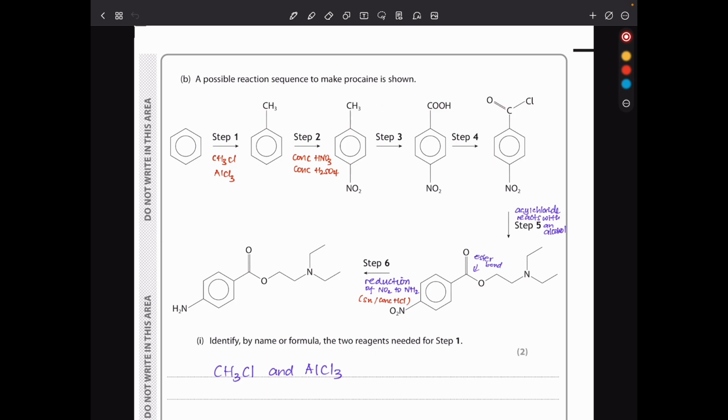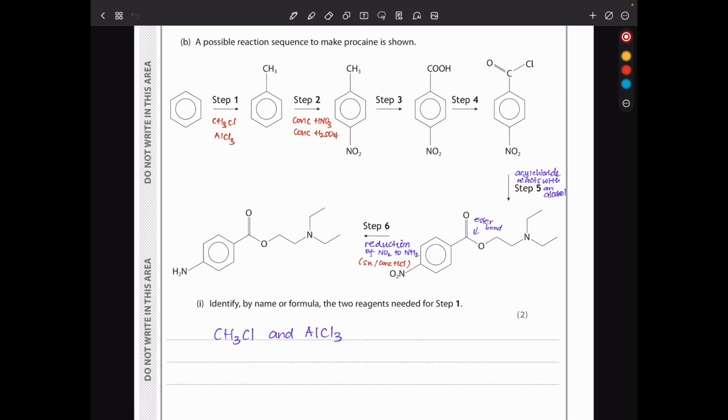And then down here we see a reaction where we produce an ester bond, so there is going to be a reaction between an acyl chloride and an alcohol, so should be a hydrogen here. And finally we convert from here to here, meaning this is reduction using tin in concentrated HCl.